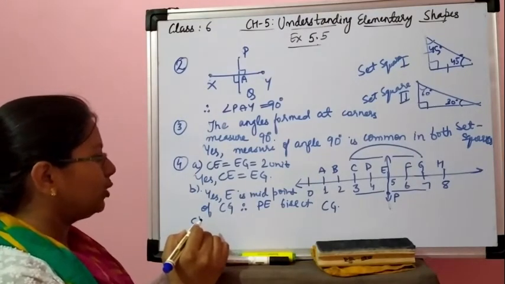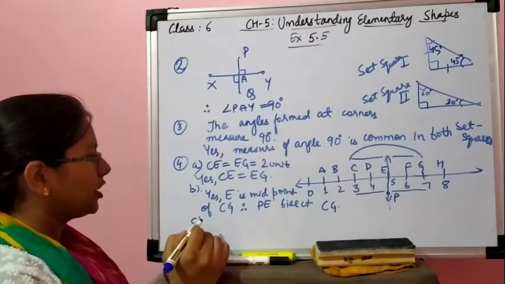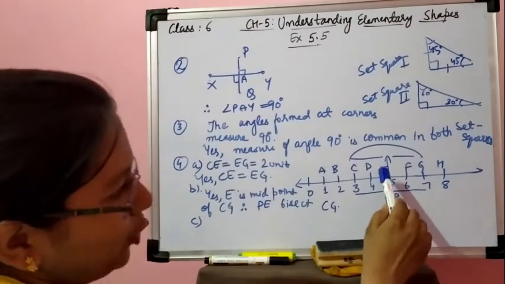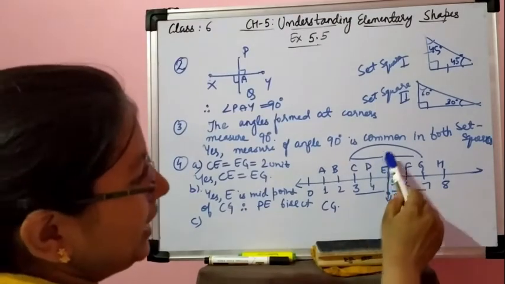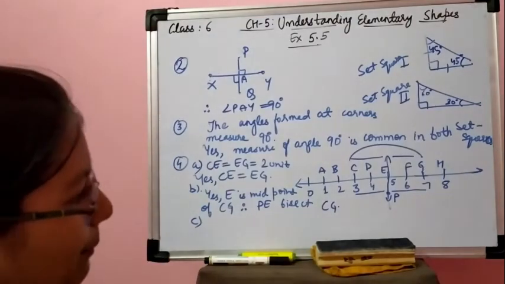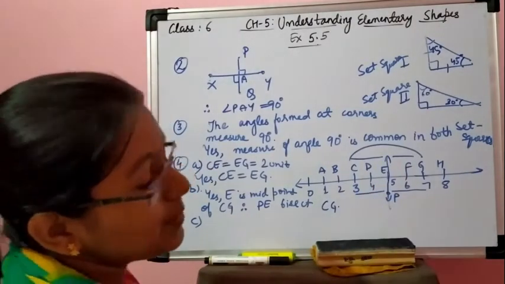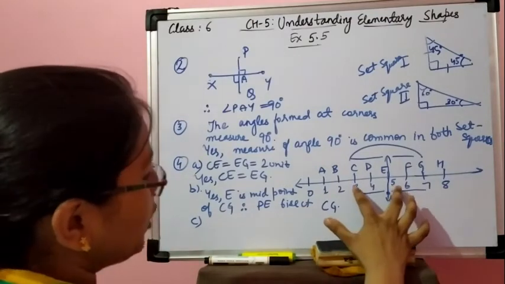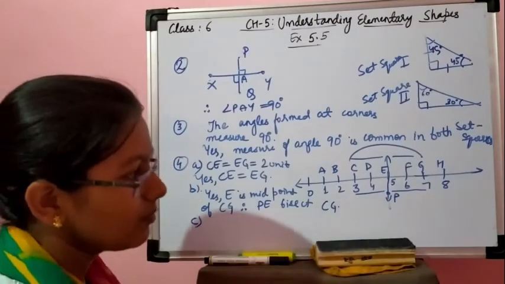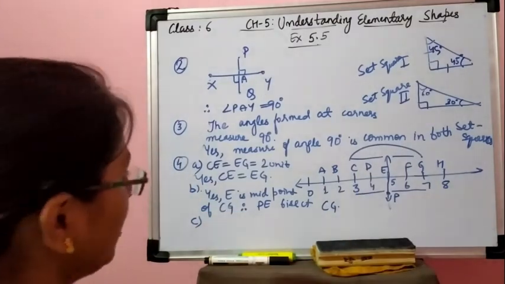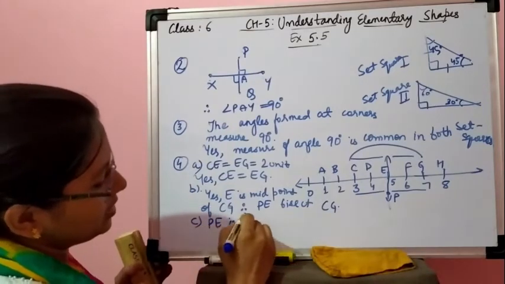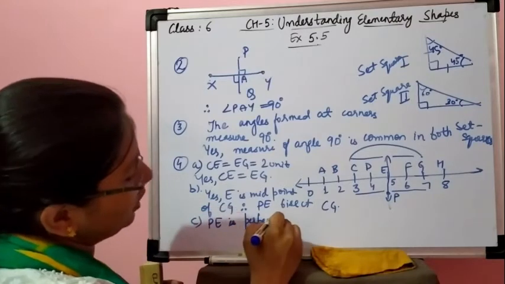Now for the C part, identify any two line segments for which PE is the perpendicular bisector. PE is perpendicular to this whole line. Now we have to give any two examples for which PE is the perpendicular bisector. One example is CG itself, because these two parts are equal and PE is perpendicular.